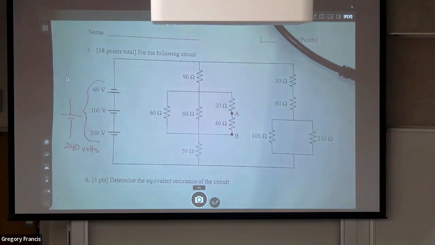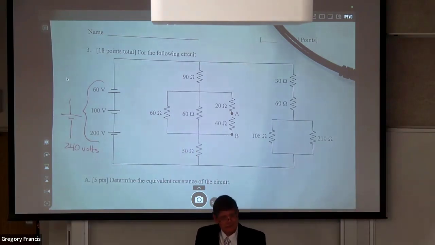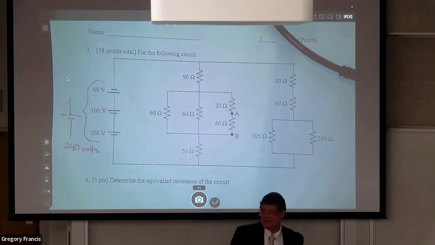And the question is, how do you get 240 out of 200 and 160? That looks like 360 to me. Anyone see a problem?